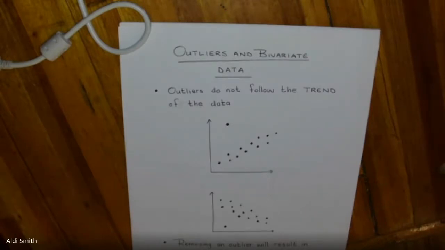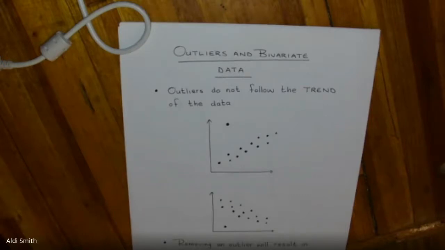Okay, so pretty much what we need to talk about is the influence outliers have on this bivariate data. So, outliers do not follow the trend of the data. That's very important.